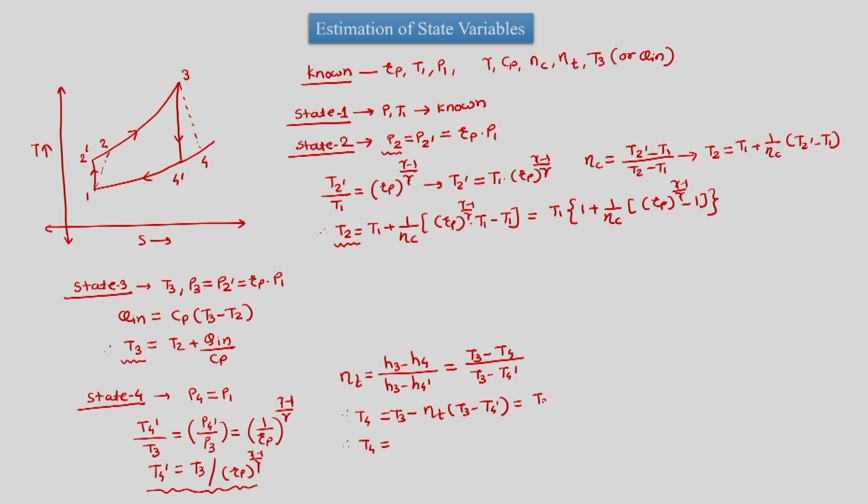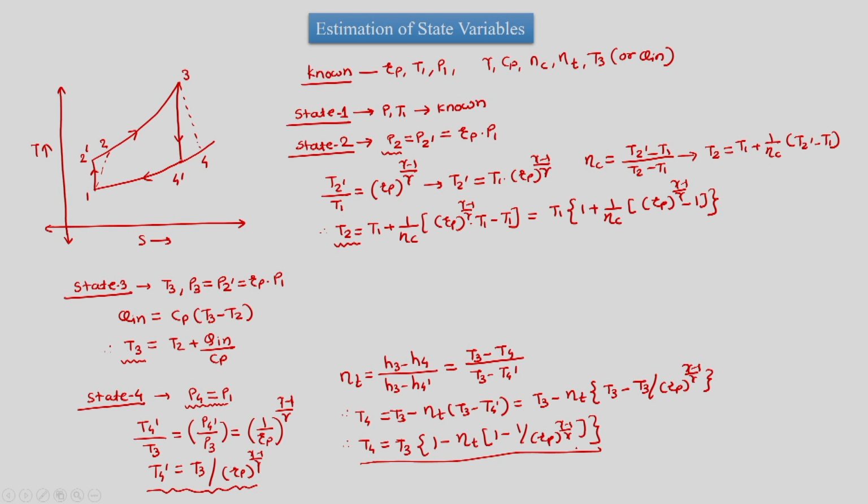So it is T3 minus eta T into T3 minus T3 upon Rp raised to gamma minus 1 upon gamma. T3 will be taken as common, so 1 minus eta T into 1 minus 1 upon Rp raised to gamma minus 1 upon gamma.